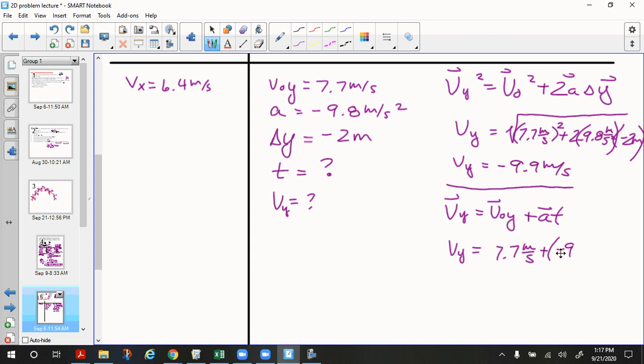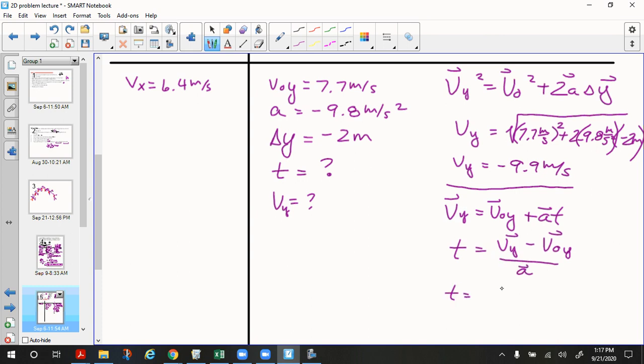Shoot, I forgot I'm solving for time. Okay, now we're solving for time. So we rearrange until we get time isolated. We need to subtract initial velocity and then divide by acceleration. So V final minus V initial over acceleration.